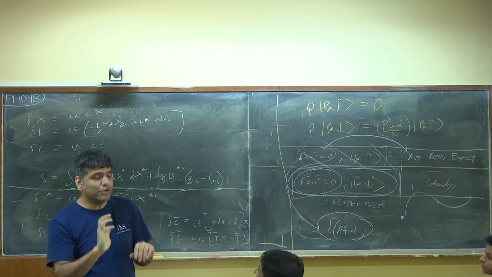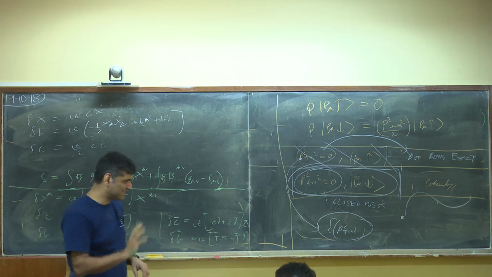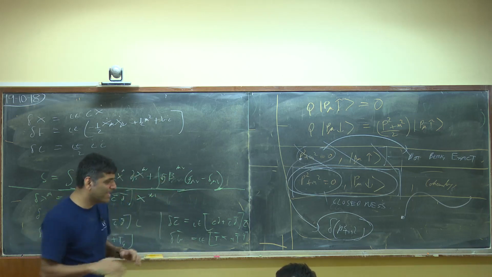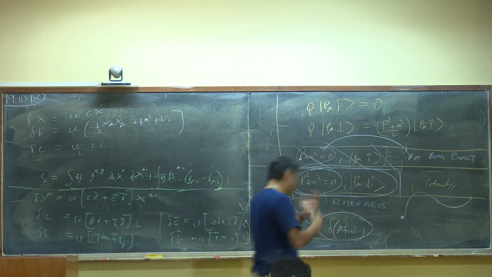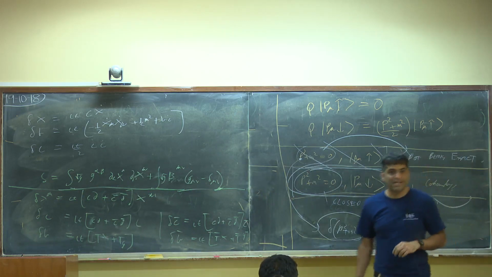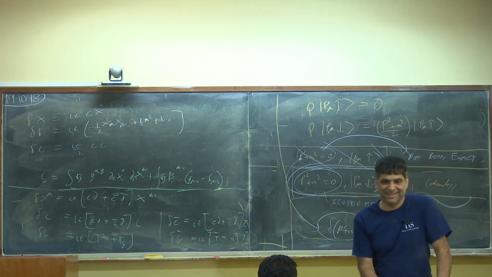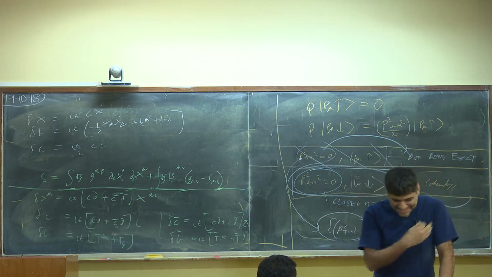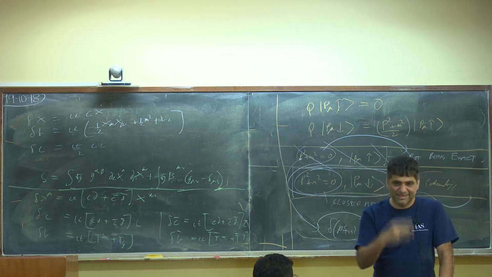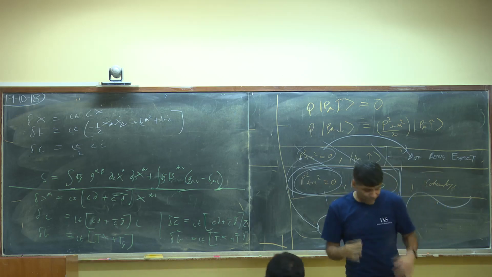If you go to a gauge where you've completely fixed gauge, then the BRST thing will be sort of trivial. I don't know if you've ever worked with, let's say, Coulomb gauge in electromagnetism. Basically trivial. The ghost sectors are more or less trivial. The whole BRST analysis is more or less trivial.